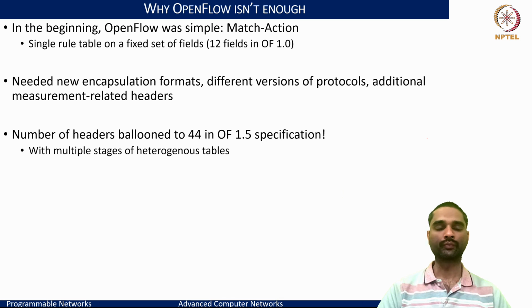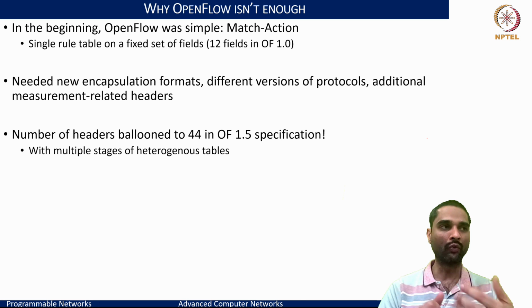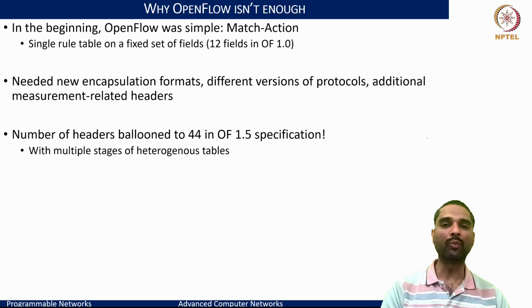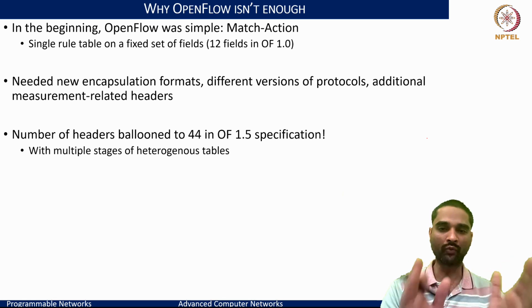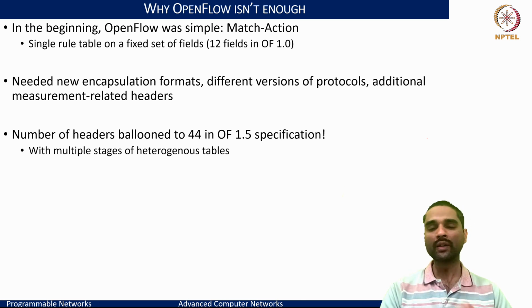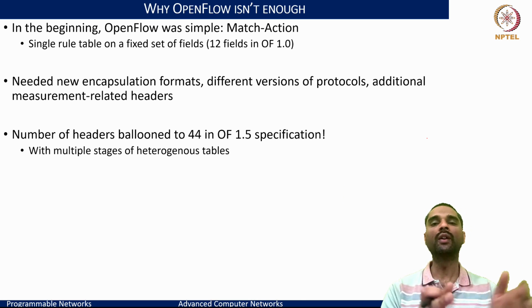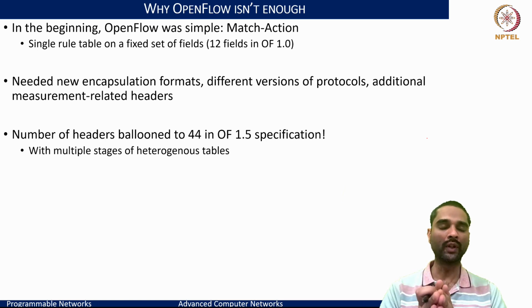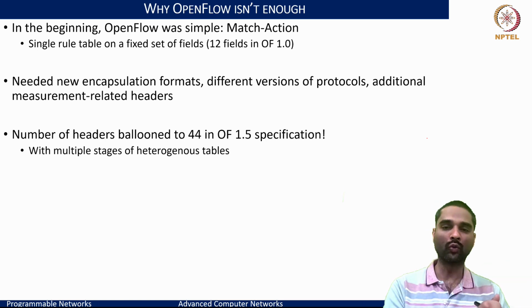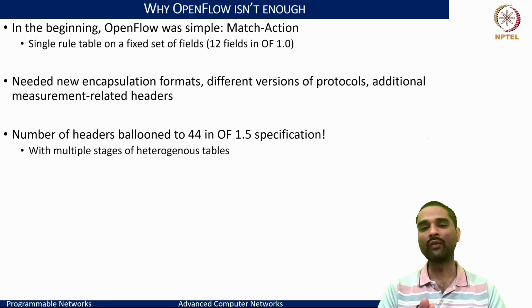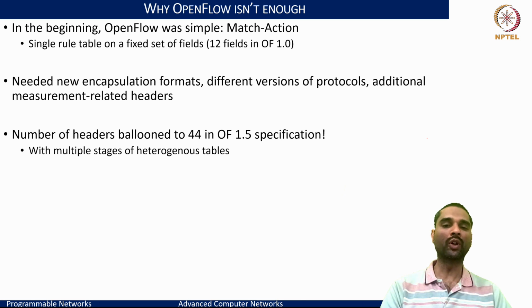And also any additional measurement related headers, if we had to add them, like if you want to track or probe certain aspects of a particular kind of packet, it would be difficult unless it was supported in the OpenFlow rules in terms of what could be matched. These requirements in fact led to various versions of OpenFlow evolving, from OpenFlow 1.0, which had just around 12 fields, to OpenFlow 1.5, which came up to support around 44 such match fields.